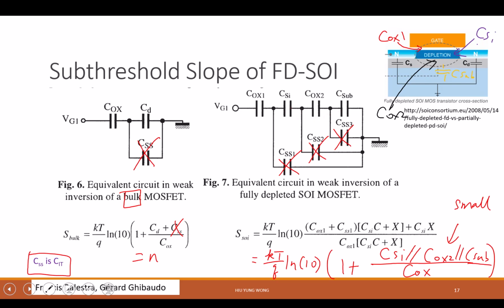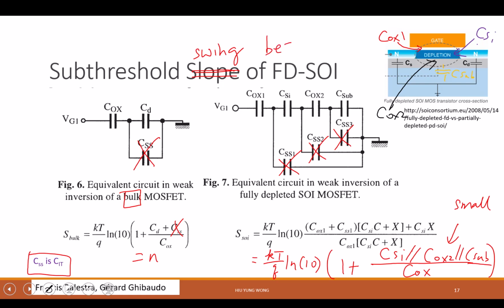As a result, by using FDSOI, you have a much better subthreshold slope. Or I still call it subthreshold slope. Some people don't like subthreshold slope, they call it subthreshold swing. Let's follow that.